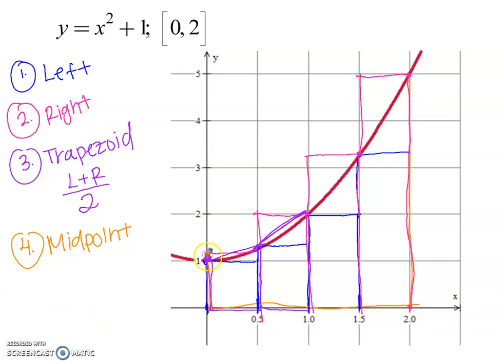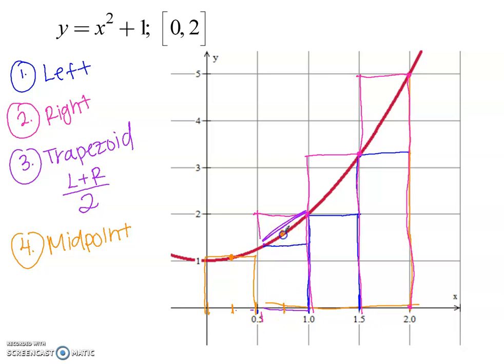So what you do, let me erase all of these. If we just look at this first little section, from 0 to 0.5, you're going to go to the middle of that section. You're going to go up to the graph and create that rectangle. Same thing for the next one.